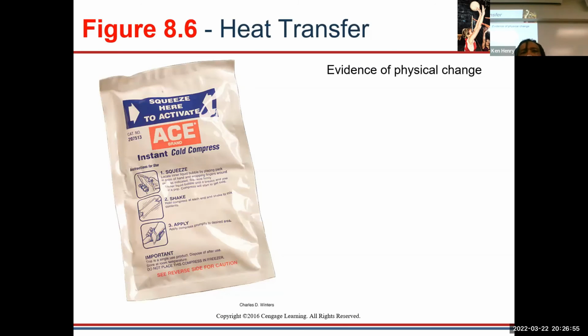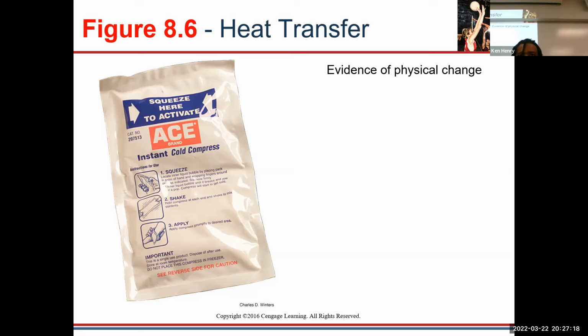Okay, heat transfer. Heat transfer could be a chemical reaction as well as a physical reaction. So in this case, if we take ammonium nitrate and expose it to water, it actually sucks the heat from the environment. So you'll get cold.